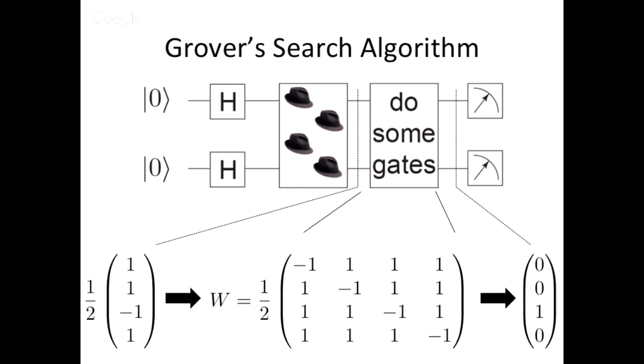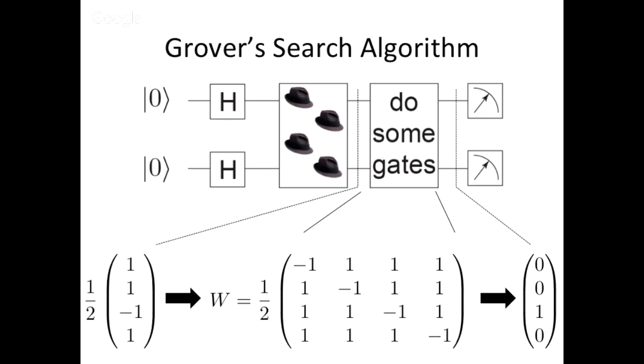As you increase the number of hats, the number of guesses is going to go in a straight line for me, but it's going to go square root for a quantum computer. So when there's a lot of hats, the bigger the database or whatever you're trying to search, the better it is.